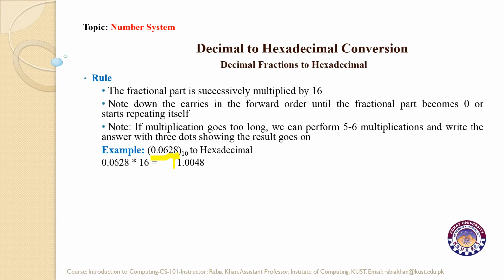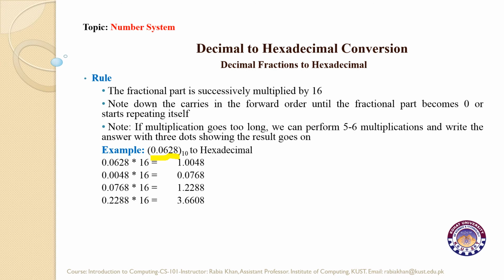This carry will be stored while this fractional part will be again multiplied by 16. So 0.0048 is again multiplied by 16 and the result is 0.0768. Again the fractional part 0.0768 is multiplied by 16 and the result is 1.2288.